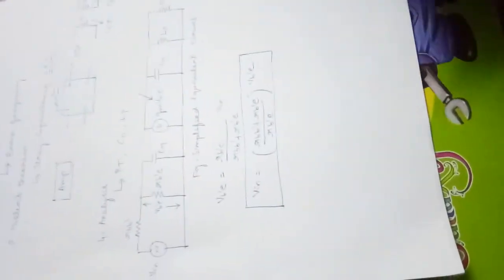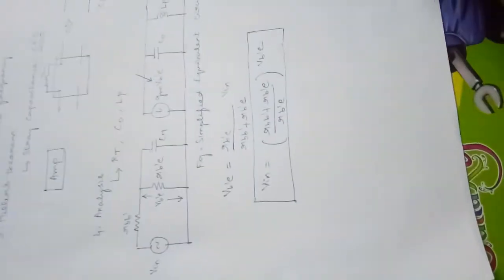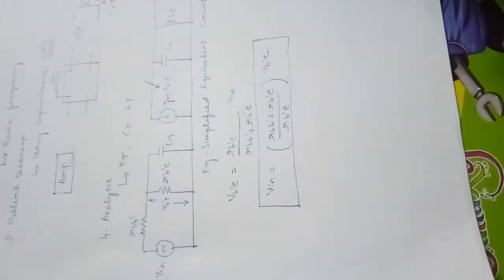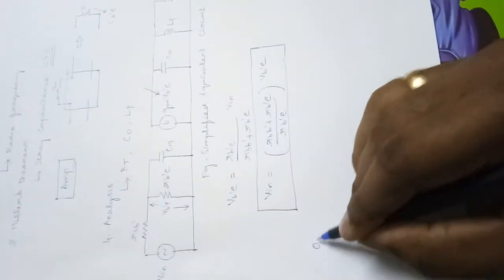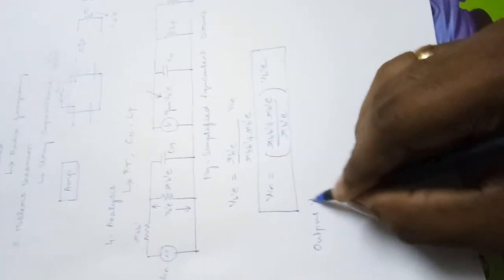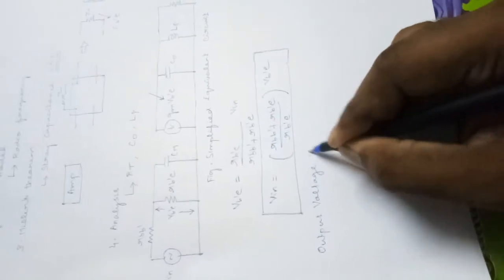Then our objective was to compute the gain. For computing the gain, we need to find the output voltage, that is V0.